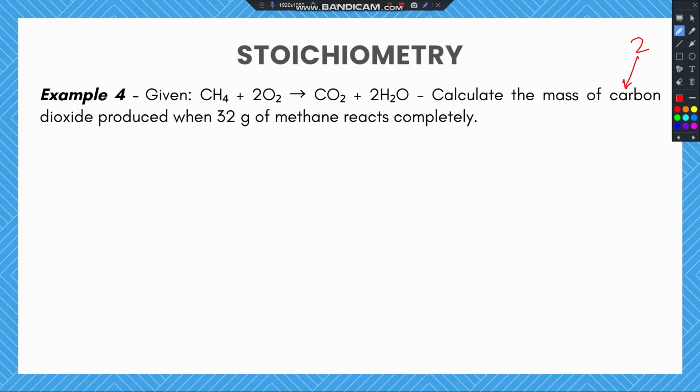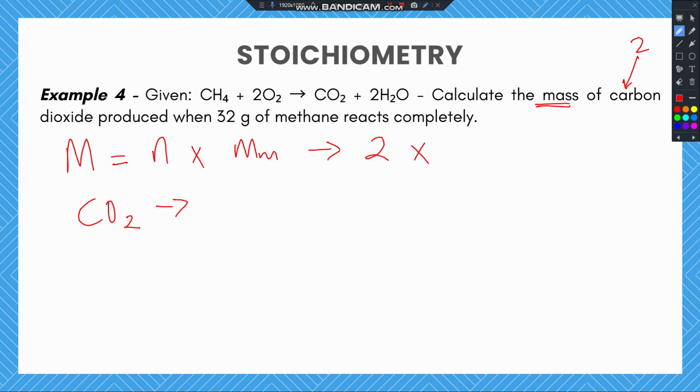So let's convert that into grams so we can get the mass of carbon dioxide. And we know that mass is equal to the number of moles times the molecular mass. The number of moles is 2. So the molecular mass of carbon dioxide, CO2, let's calculate that. Carbon has the atomic mass of 12, plus oxygen has the atomic mass of 16, times 2, we have a subscript of 2.